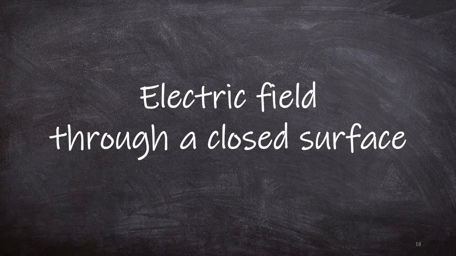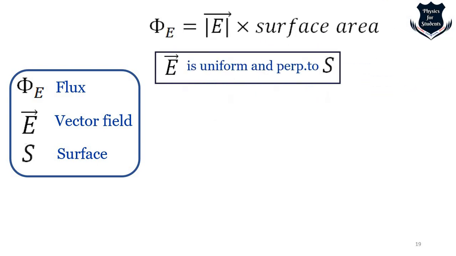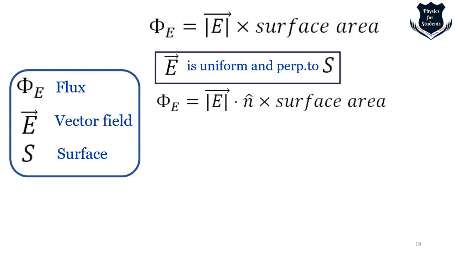Now going further, we find what the electric flux through a closed surface is. When we talk of the electric field, we get flux, vector field and surface, which is denoted by this. If E is uniform and perpendicular to S, we get the formula on top, which is E multiplied by the surface area.